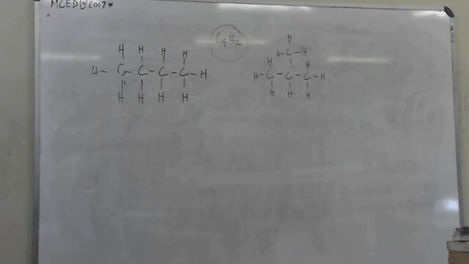These very, very weak intermolecular forces are called London forces, also known as dispersion forces, also known as momentary dipoles, also known as temporary dipoles. But we will refer to them as London.